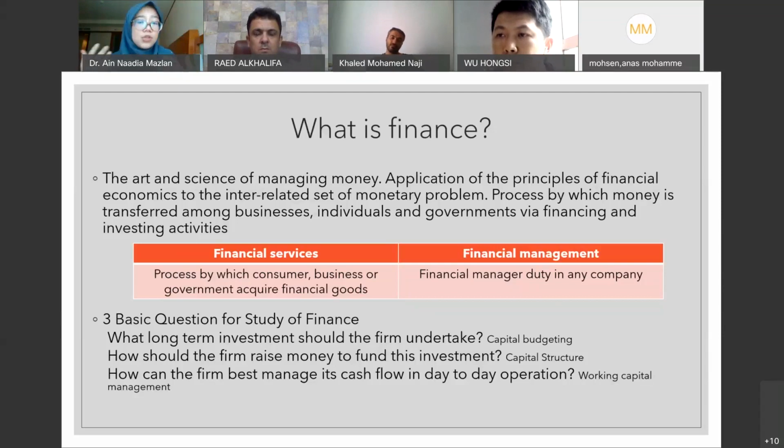What investment should you make? Do you need to put your money in the bank, or do you need to put the money in some hedge fund, on stock brokers, on everything? That is considered, in our topic, capital budgeting.